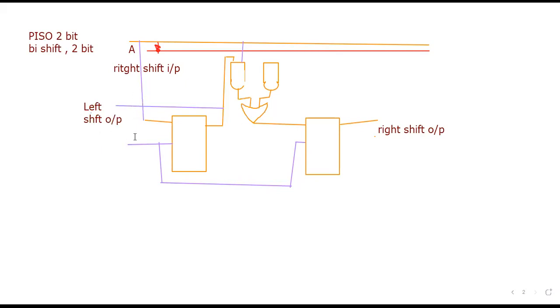This particular is our left shift output. So where should be the input? It should be over here. Our left shift input would be over here. Okay, so here we can write left shift input.